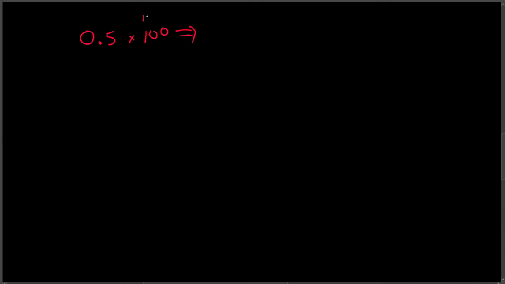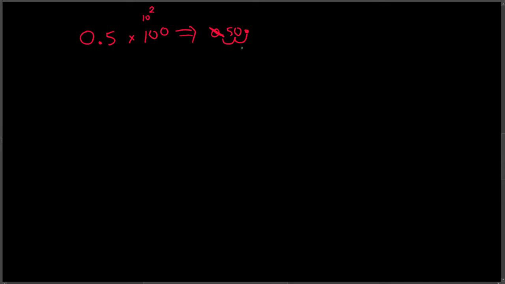Well, 100 is 10 to the second, so 2 decimal places. So let's just do this as a motion of decimal places. So I'll write what I have, and I'll move over 2 to the right. 1, 2. And so my answer is going to be 50.